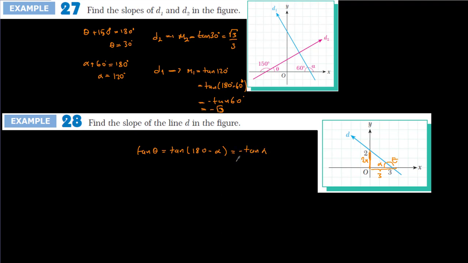Tangent alpha is opposite over adjacent in the right triangle, so minus 2u over 3u is equal to minus 2 over 3. Also I can write it directly without using the u, minus 2 over 3. There's no need to write the length as 2u, because the units cancel, so here it is 2 and here it is 3.